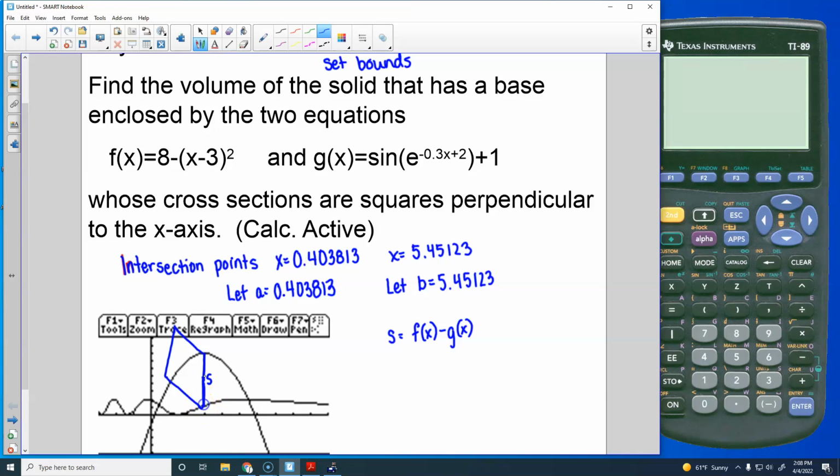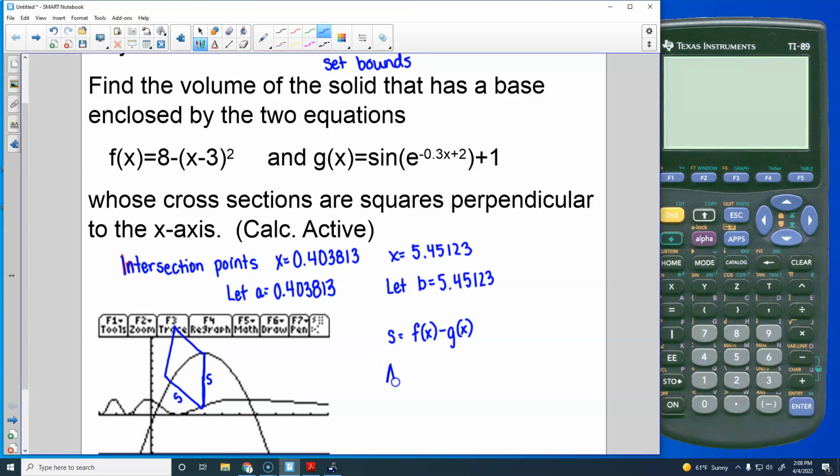The next thing I want to think about is what the area of this square would be. My cross-section square, what I've tried to draw here, is sort of a 3D figure. It's a square, so both sides are the same. If this side is S, this side would be S, right?